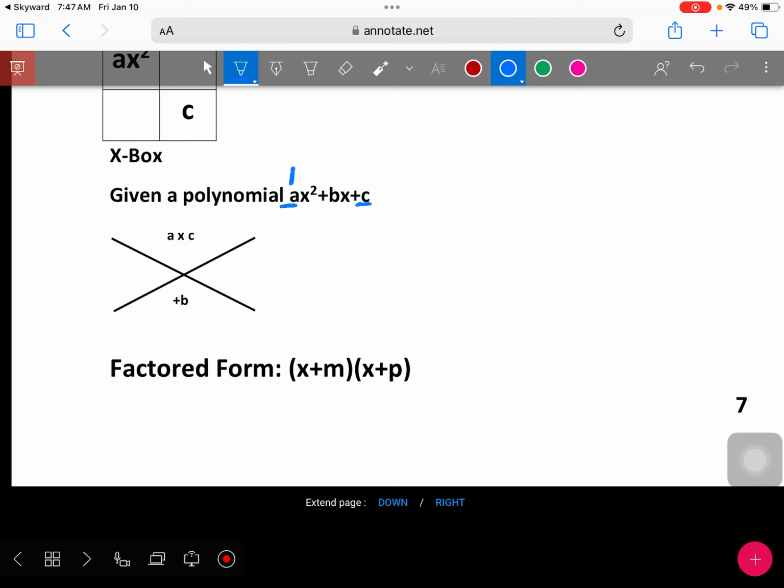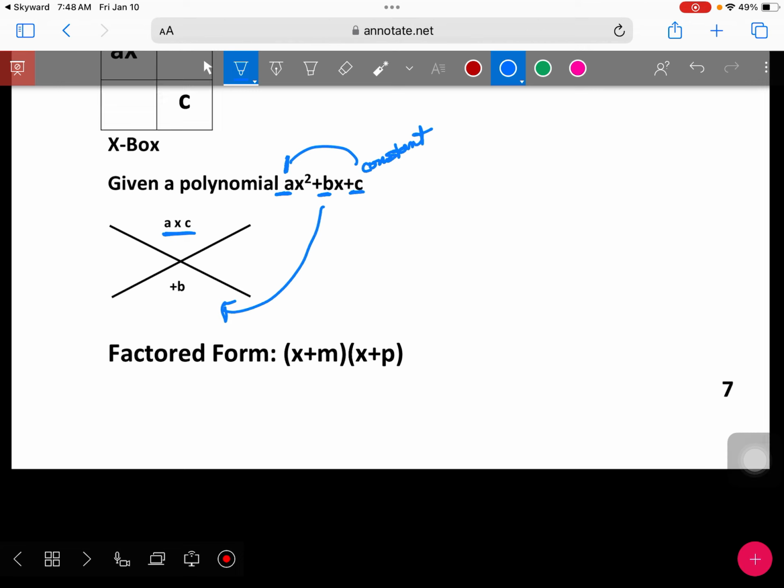So this is going to be 1, and this is going to be a constant. So you are going to get an expression like this, and you need to multiply a times c and put that in the top part of your x. And the middle part, b, is what the two numbers add together to get. Okay?